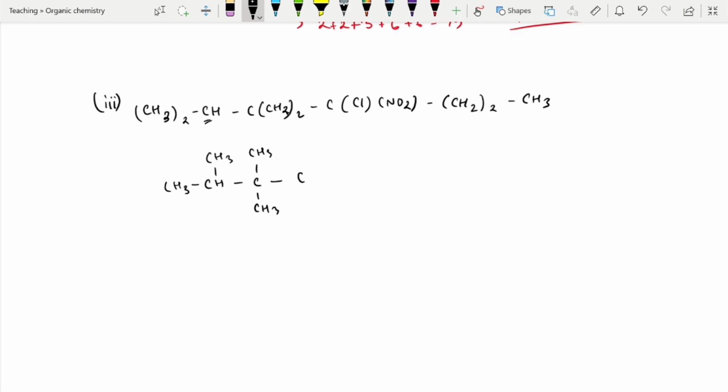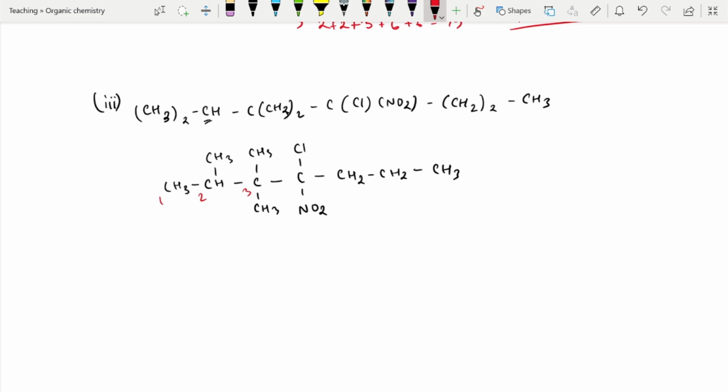Then that is connected with another carbon, which is connected with a chlorine and a nitro, NO2. Then it is connected with a methylene group, and then with CH3. Now let's number the carbons.